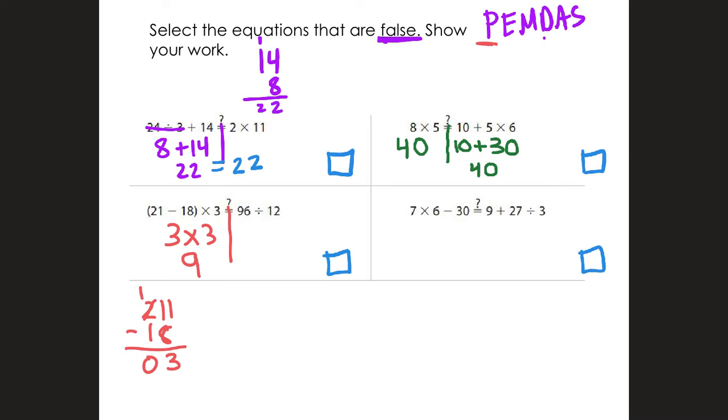On the other side, I have 96 divided by 12. So I need to ask myself, what times 12 equals 96? And the answer is 8. These do not equal to one another. They are not true, they are false, or it is not equivalent. So this one actually I am selecting because it is false.